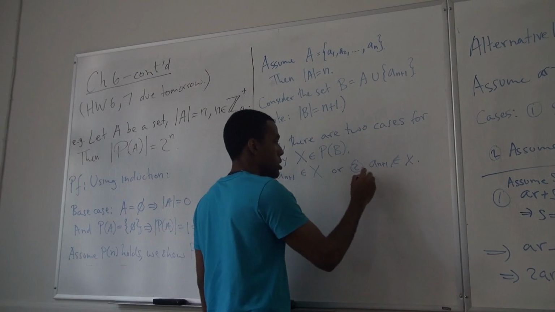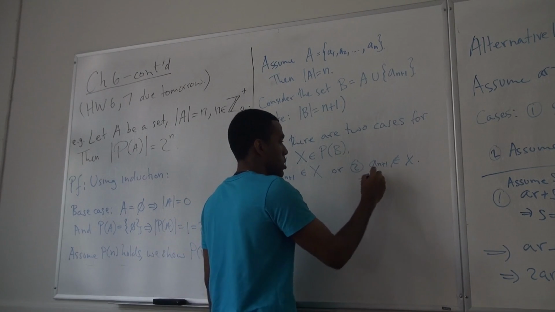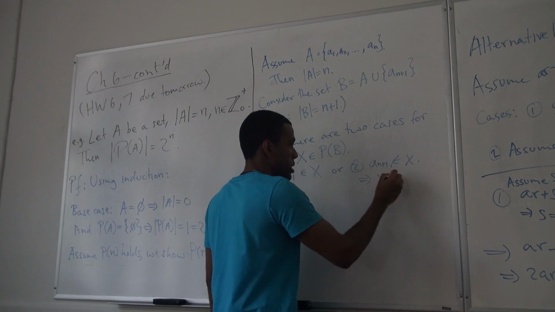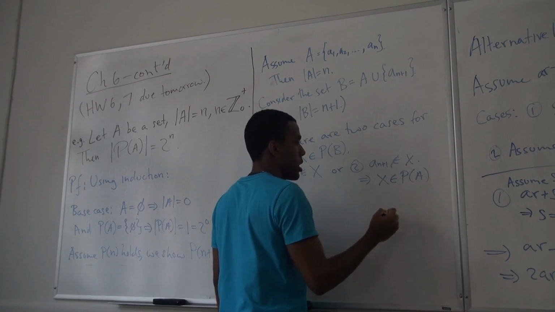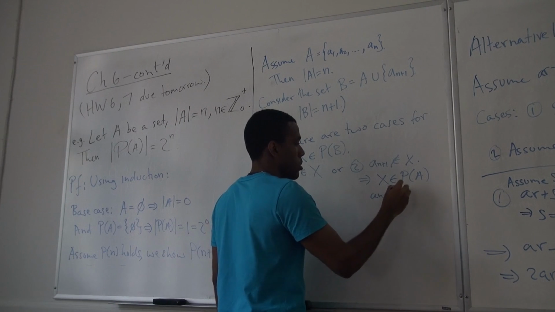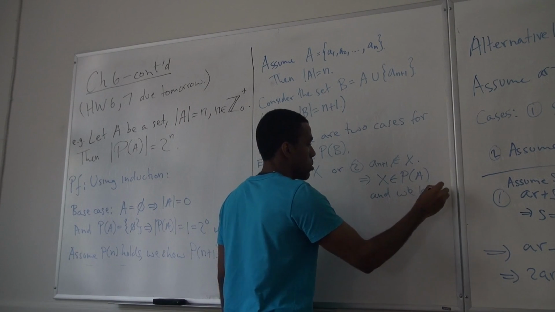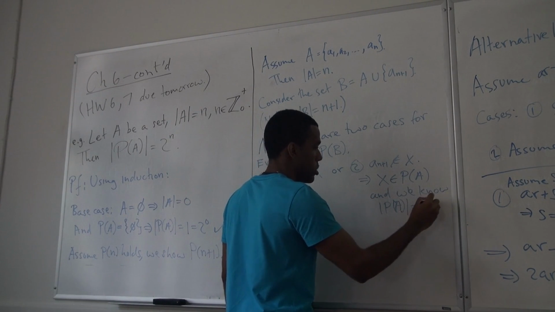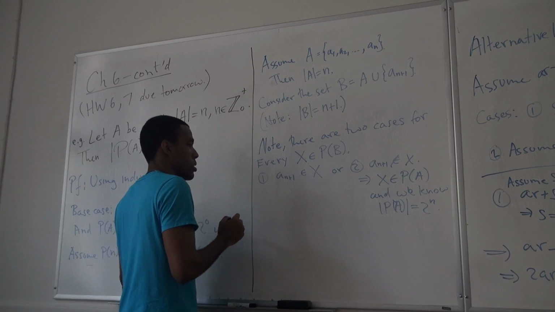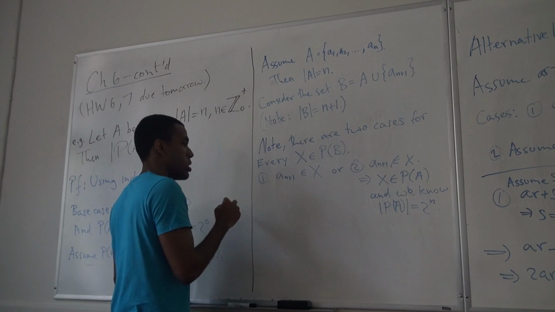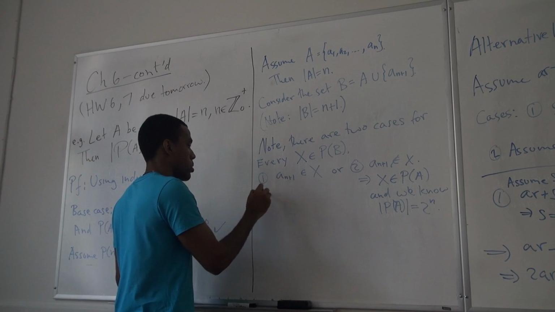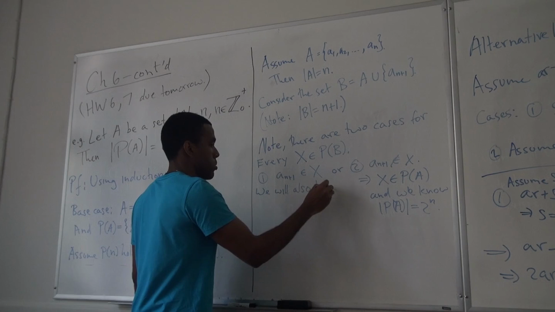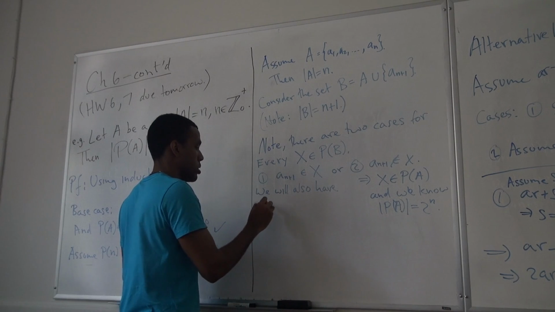So in this case, x is just a member of this guy, and we know this guy is 2 to the n. And in this case, we will also have 2 to the n.